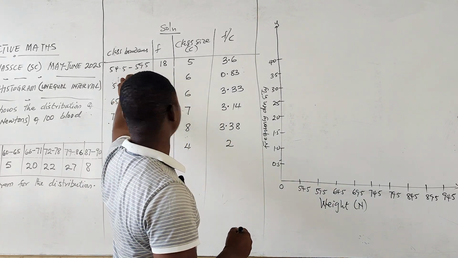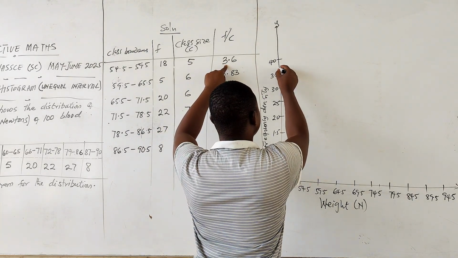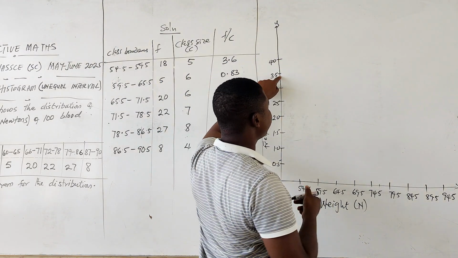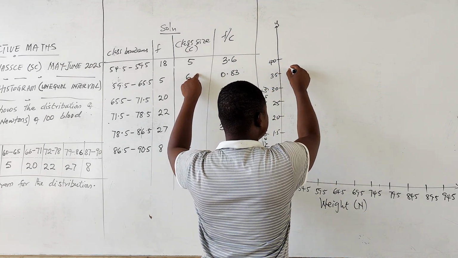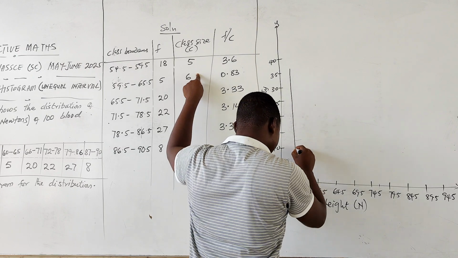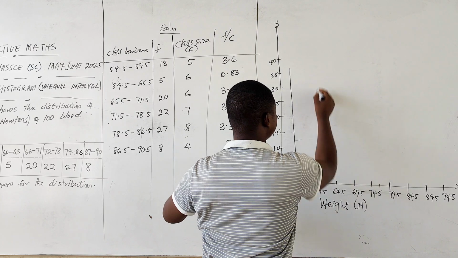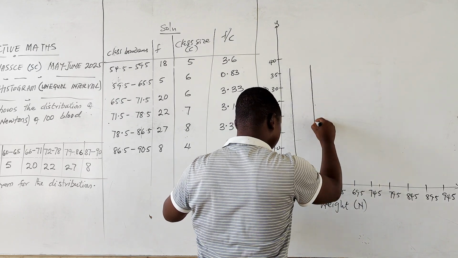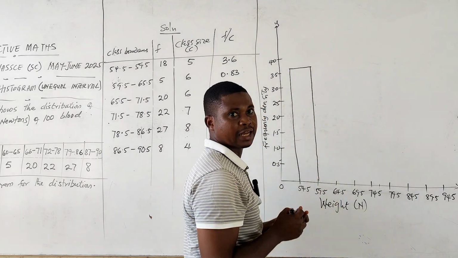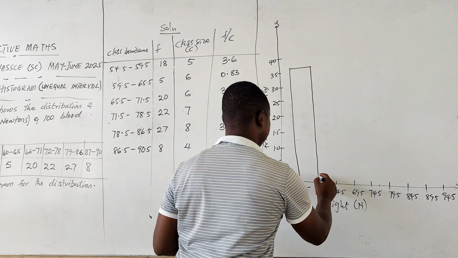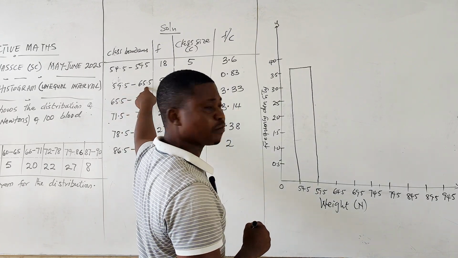The first one is from 54.5 to 59.5, and that one is giving us 3.6. So 3.6 will be here because we have 3.5 here, so 3.6 is somewhere in between. As I said, this is not a graph sheet. That's my first one. Second one, I have from 59.5 to 65.5.